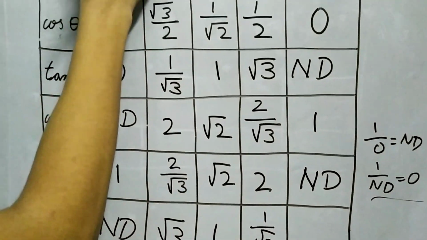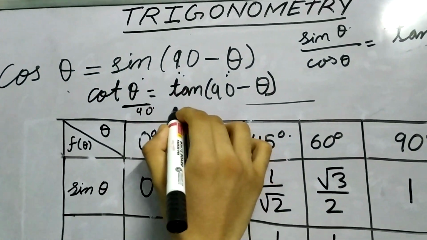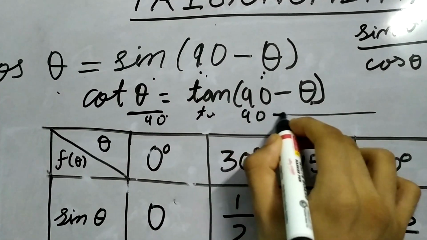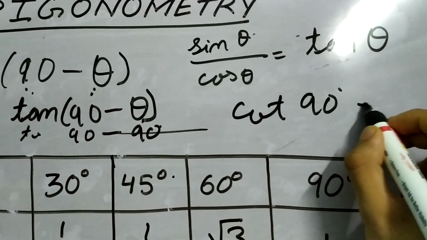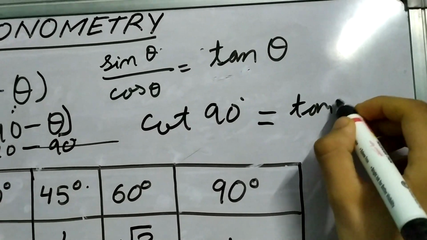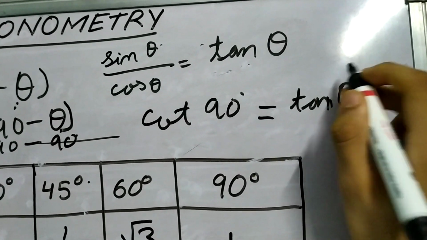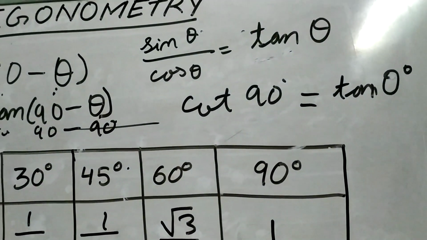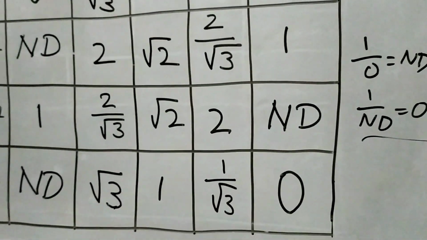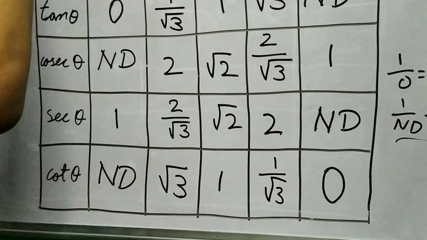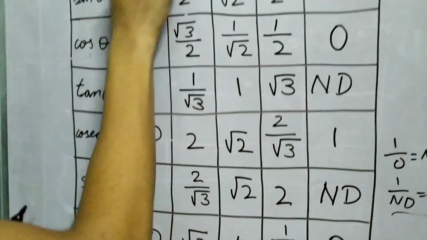Cot of 90 degree will be tan of 90 minus 90 degree. Okay, so cot 90 degree will be tan 0 degree, right? What is tan 0? Tan 0 is 0.